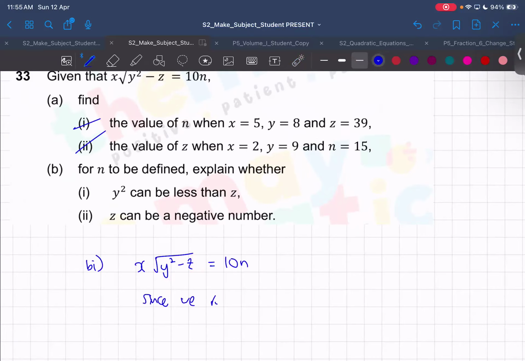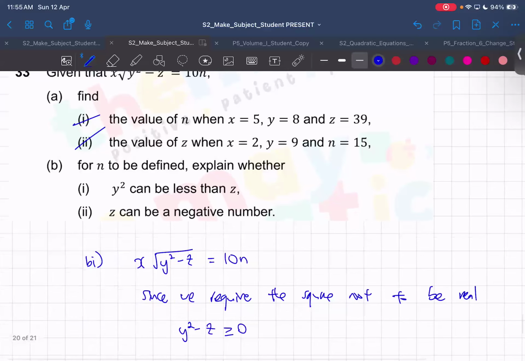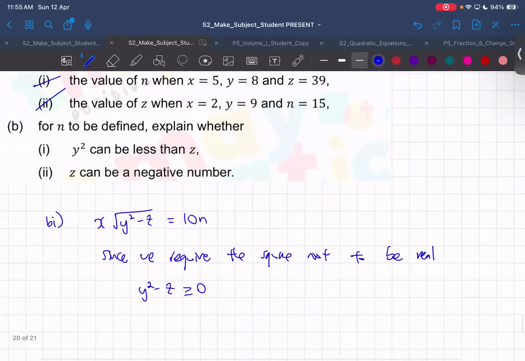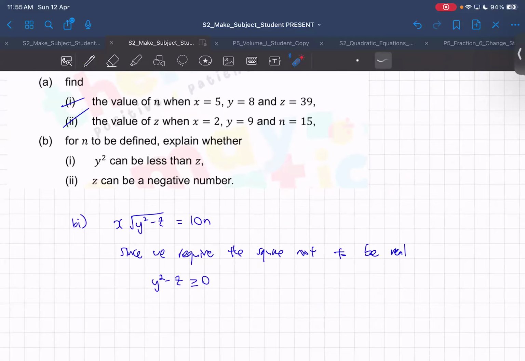So since we require the square root to be real, y squared minus z must be positive, right? I do this very fast and I let you go. Then we find that minus z is more than or equal to minus y squared.